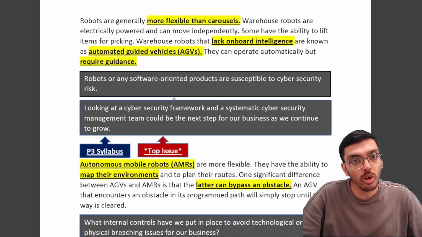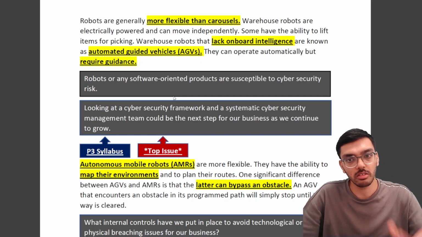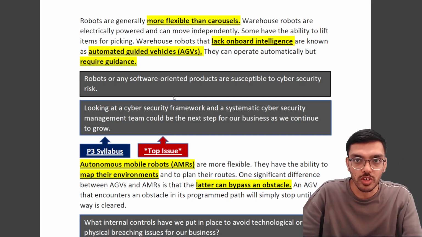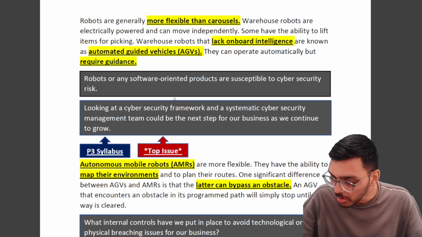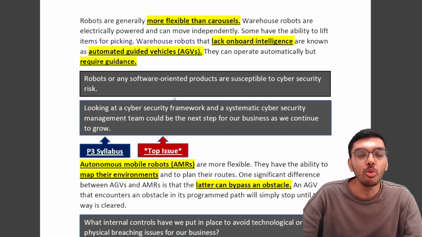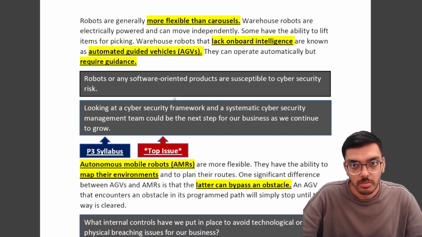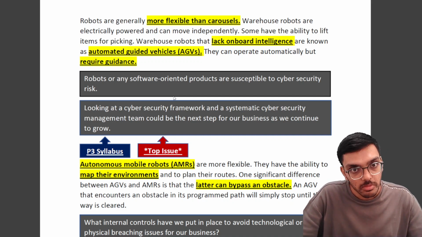Robots are generally more flexible than carousels. Carousels, as we learned, either can be vertical or horizontal. But a robot, if programmed well, can do any kind of job. So warehouse robots are electrically powered and can move independently. Some have the ability to lift items for picking.